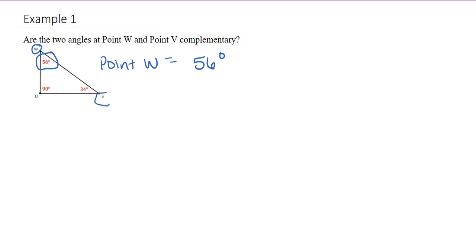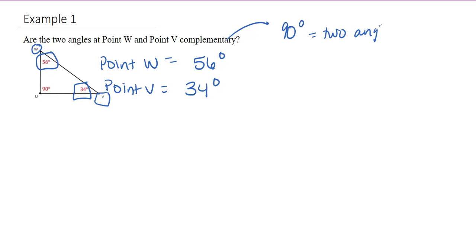Point V is 34 degrees. Complementary means, right, if two angles add up to 90 degrees. The sum of two angles is equal to 90.